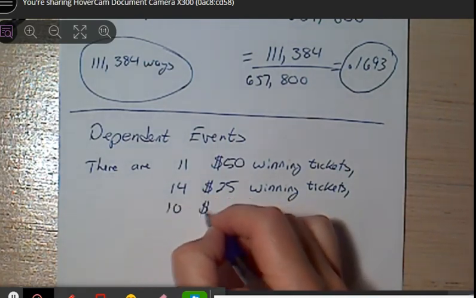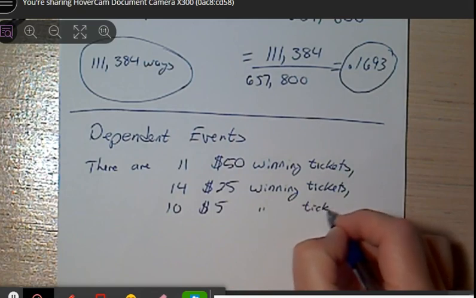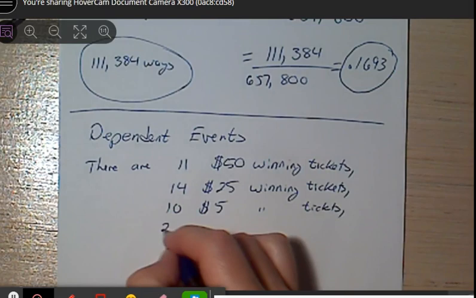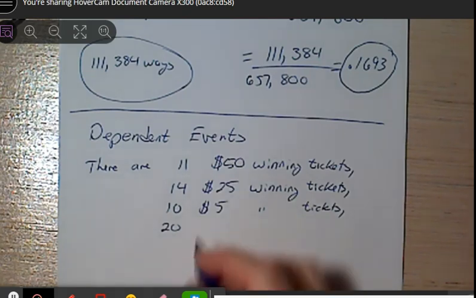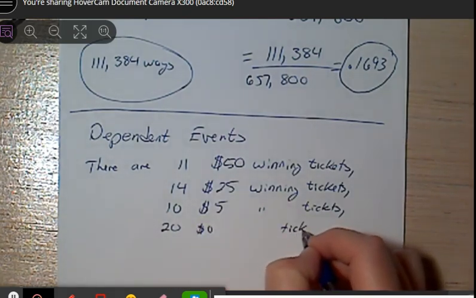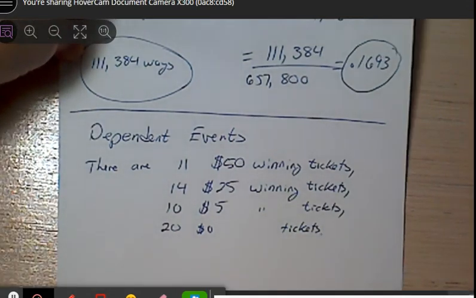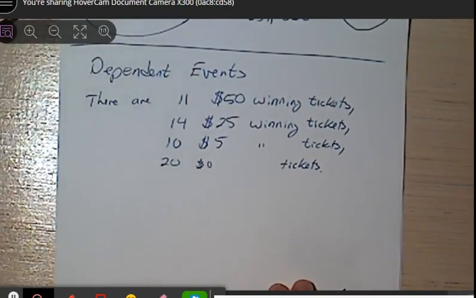There's 10 $5 winning tickets. And then 20 that are basically no winning tickets. Dummy tickets, losing tickets, whatever you want to call it. Basically, you get 20 tickets that don't have any winnings at all to it.